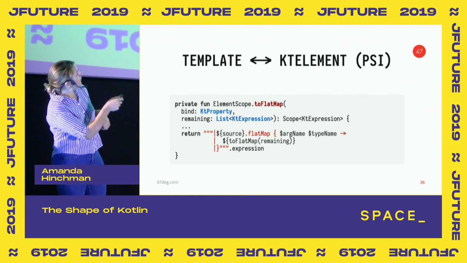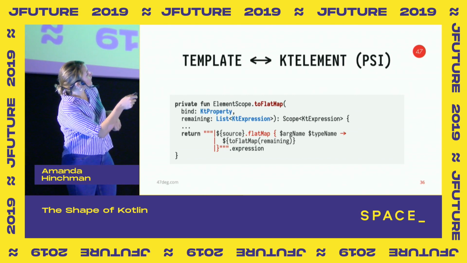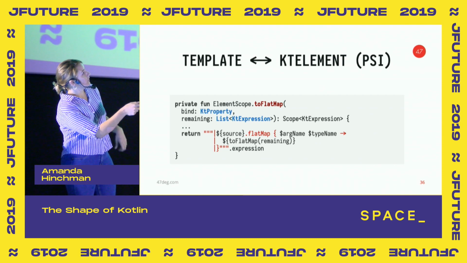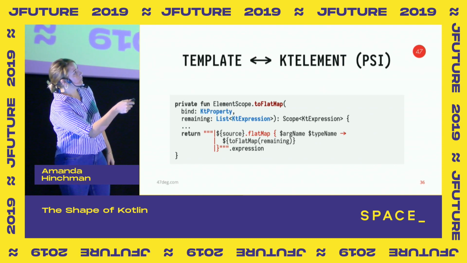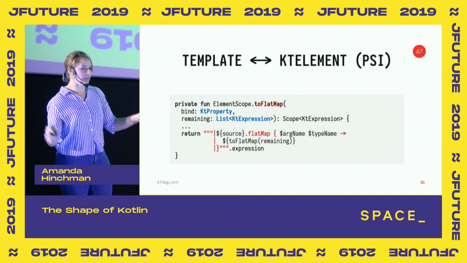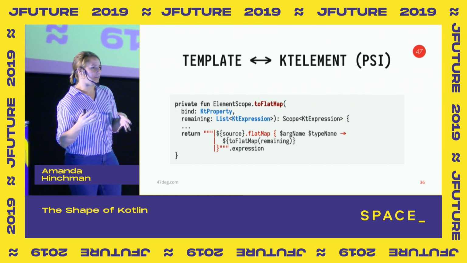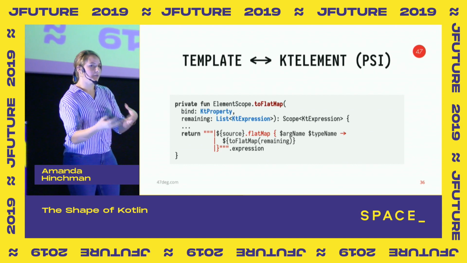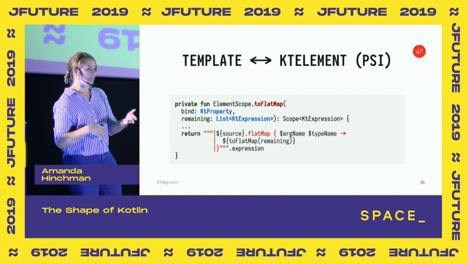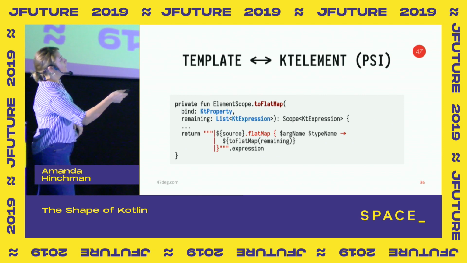So here is the result. We take the expression. This is actually part of the quote system as well. We wrap everything in an object called scope, and it not only allows us to give exposure to the PSI elements that we have, but it also allows us to safely change those elements.